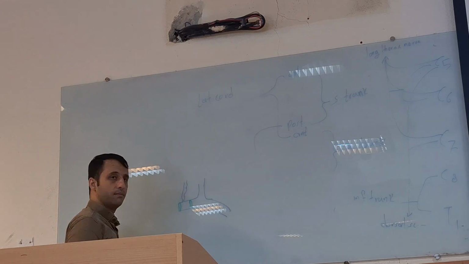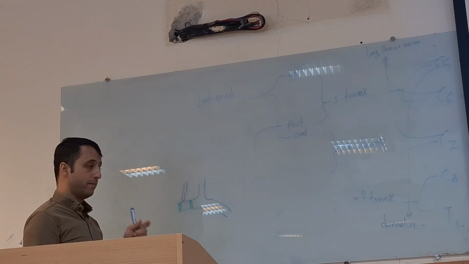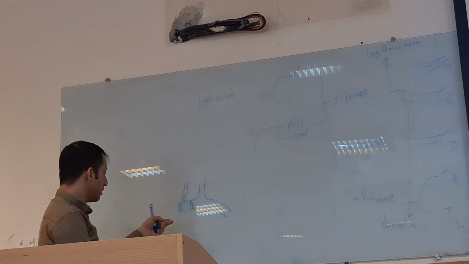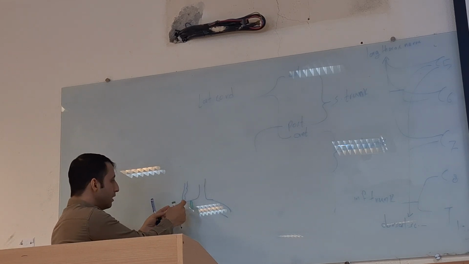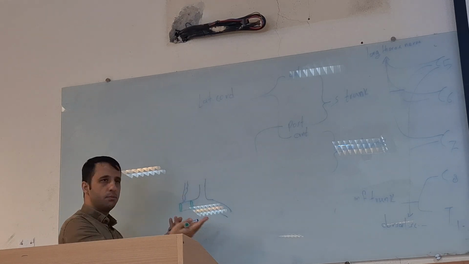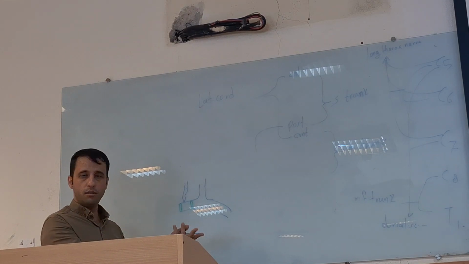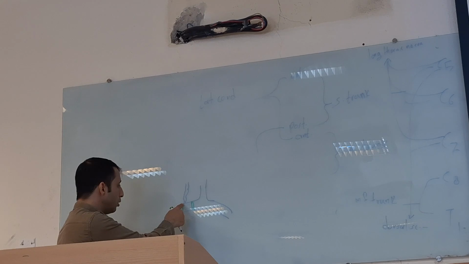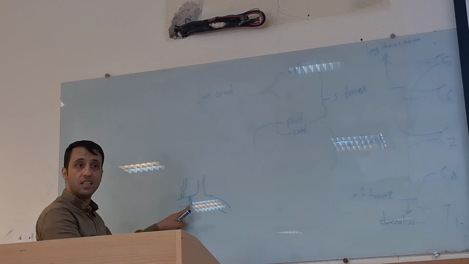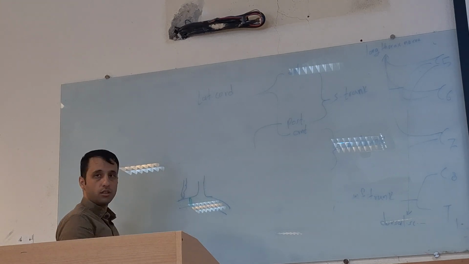The first one, because if I have obstruction after the vertebral artery, it does not affect the patient. So this syndrome occurs when the obstruction is before the vertebral artery.